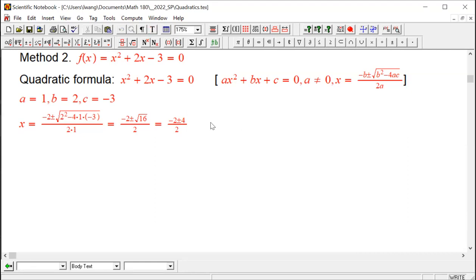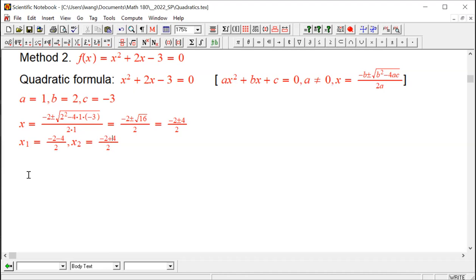And we have 2 solutions, right? You can use x sub 1, which is going to be this form, and x sub 2. This is basically a review of intermediate algebra, subtracting, and this is a plus.